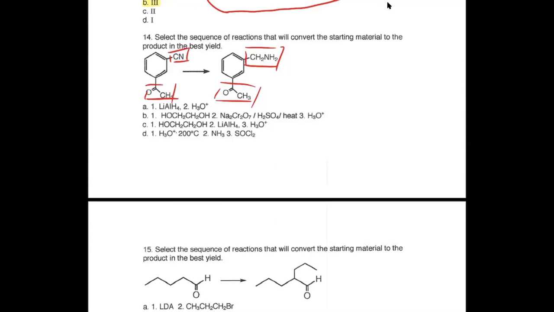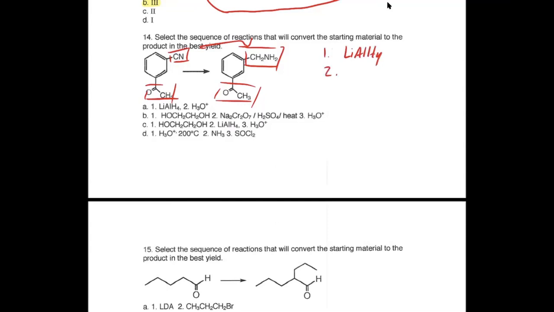We have to have a protecting group, because if you're going to use a reducing agent, do any of you know what the reducing agent might be in order to do this? It has to be a strong one. I think it's the lithium aluminum hydride, for nitriles.